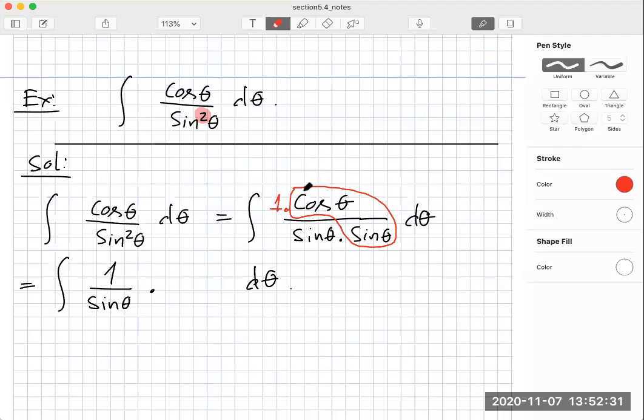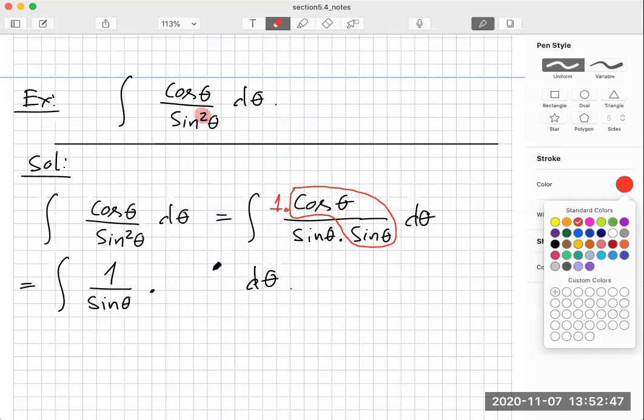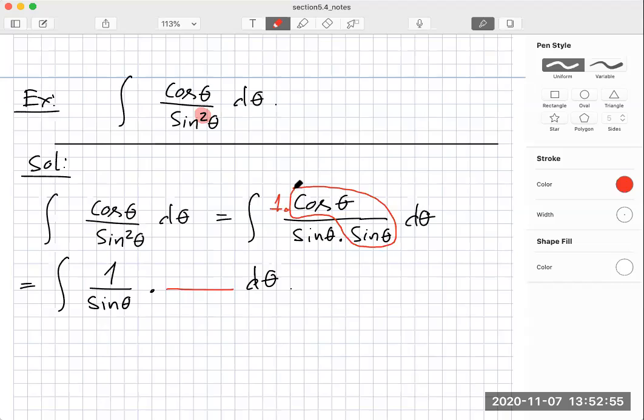This is a fraction, right? And they're the product of 1 and cosine divided by sine times sine. So we can separate them into two fractions. The first one is 1 divided by sine here, and the second one should be? Cosine. Yeah, cosine theta over sine theta.